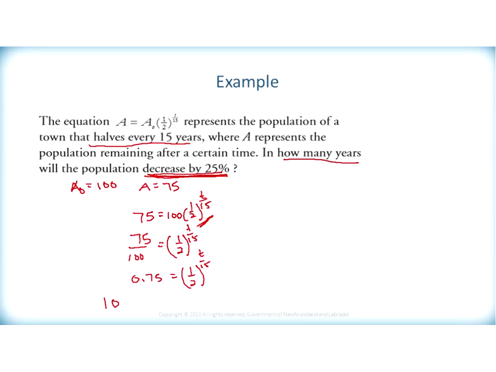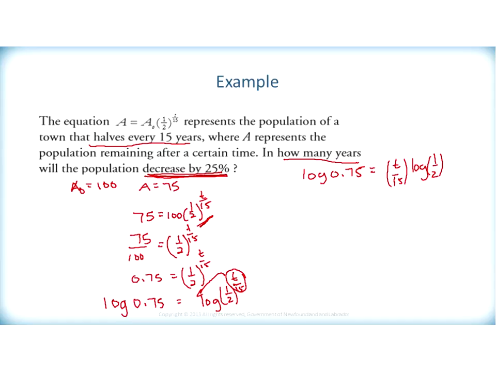This will give us log of 0.75 equals log of 1/2 to the power of t over 15. We will bring the t over 15 down in front. This will give us log of 0.75 equals t over 15 multiplied by log of 1/2.